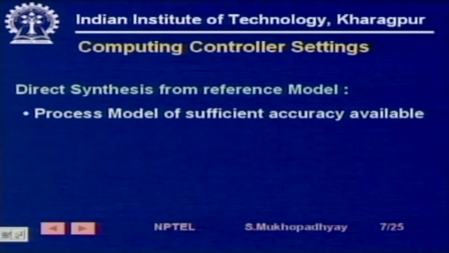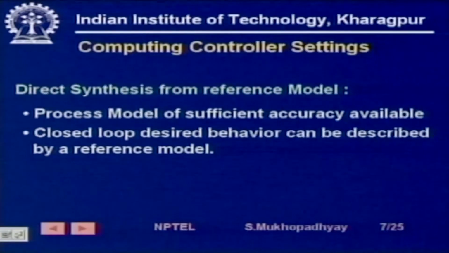Another thing that is known is the closed loop reference model, which means that the open loop plant is known very accurately, and our control requirement we can express in terms of a reference model. That is, we can say that after control I want the closed loop plant to behave like another transfer function, right. Once we can do that, then from these two requirements we can solve out the controller, right.